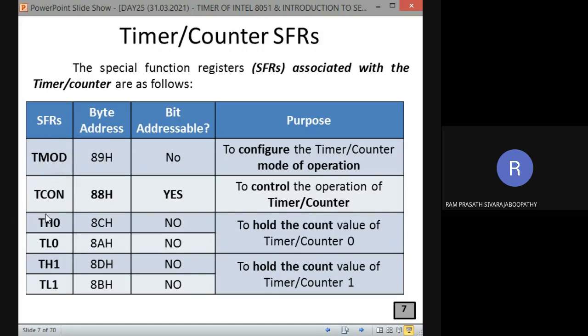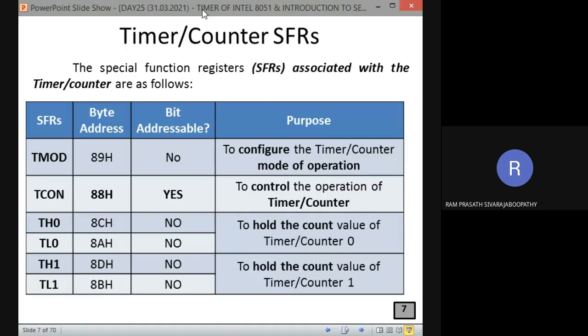Out of these 6 registers, which of the registers are bit addressable? Can you say? Yes, TCON. Why is it termed bit addressable?